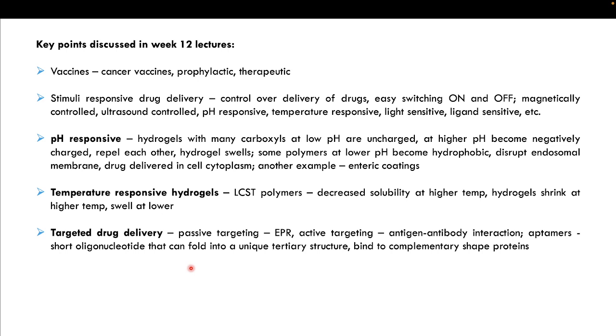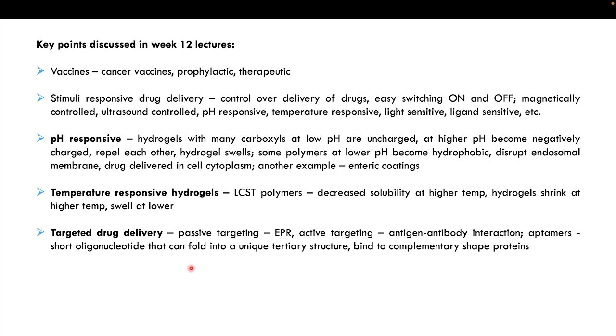One property these aptamers have is that, because of the unique sequence that they have, they can fold themselves into a tertiary structure. They have a 3D structure. This is not just a single strand of DNA. These are actually 3D structures.